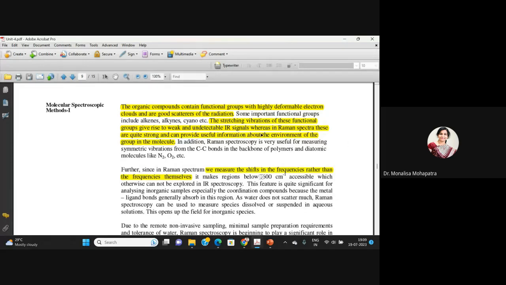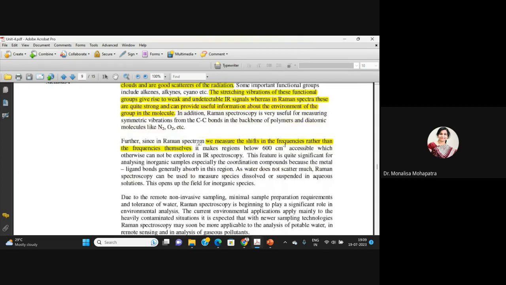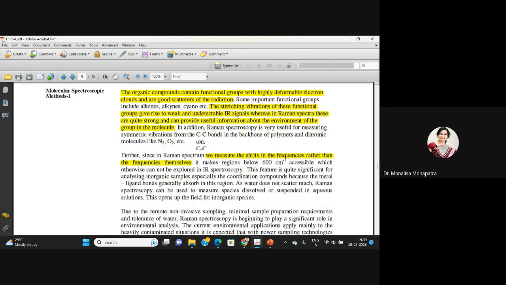Whereas in the Raman spectra of alkyne or cyano containing groups, the signals are quite strong and can provide useful information about the environment of the group in a molecule. So by seeing the molecule, if you go through the net and look at questions, two or three compounds will be given.